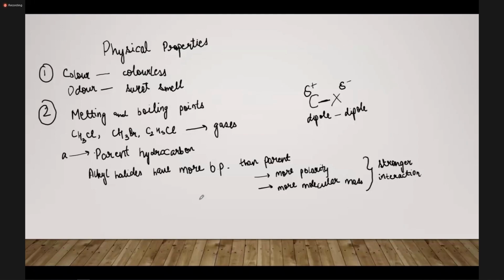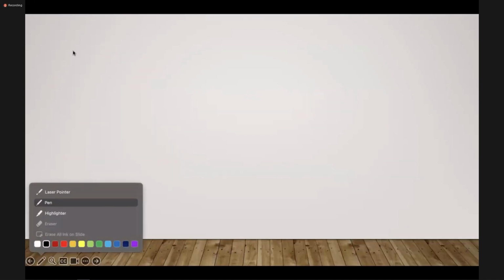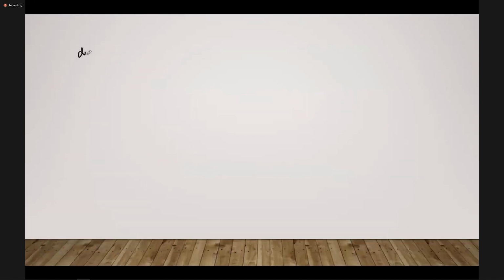Then we compare the boiling points among the different halides. If we keep the alkyl group the same, suppose it's propane, we'll talk about the propyl group over here, with different halides: propyl iodide, propyl bromide, propyl chloride, and propyl fluoride.